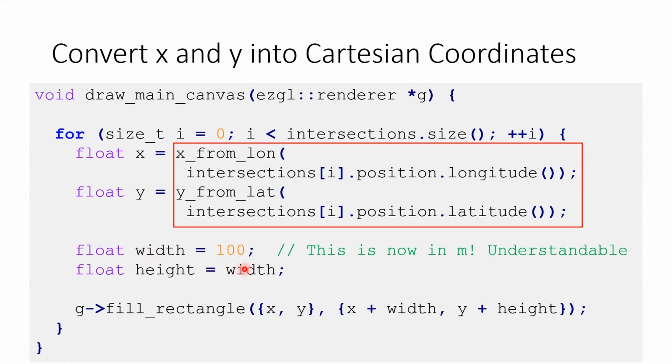In this case, we're just setting it to be 100 meters, and this value should change in your code. And then it's the same thing: fill rectangle with x and y as the bottom left corner, and x plus width, y plus height to be the upper right.